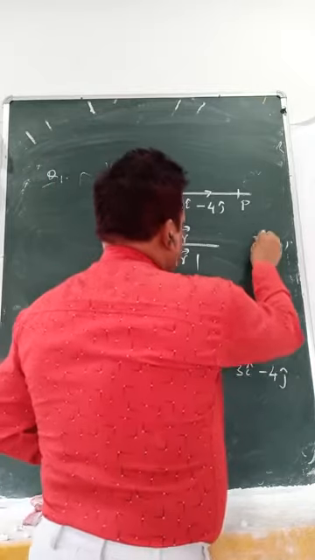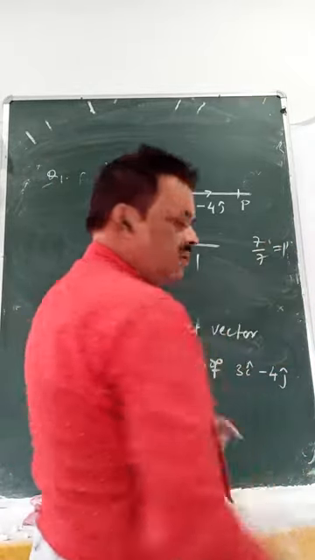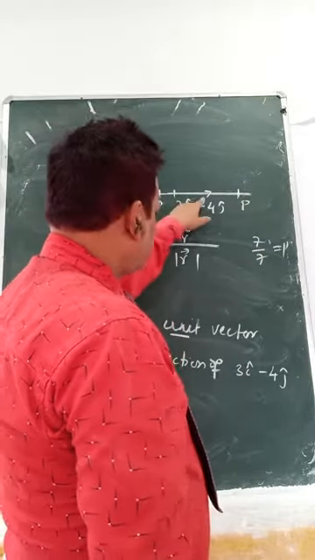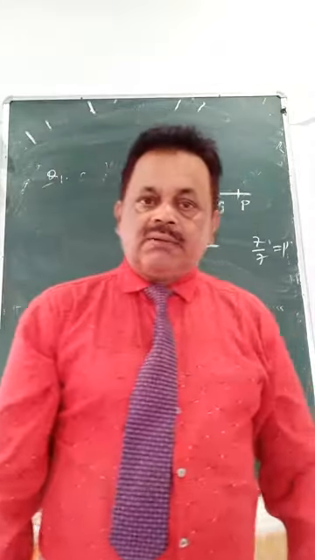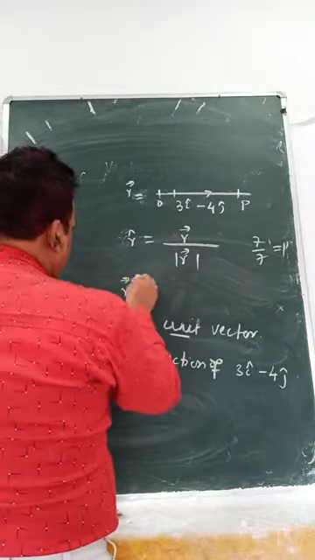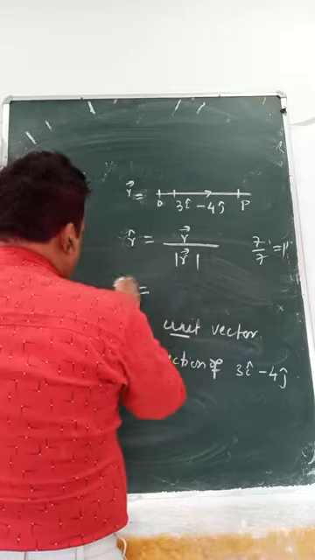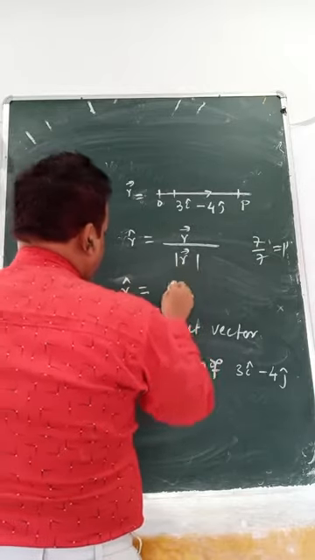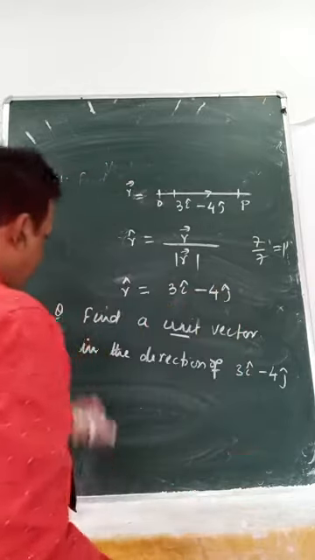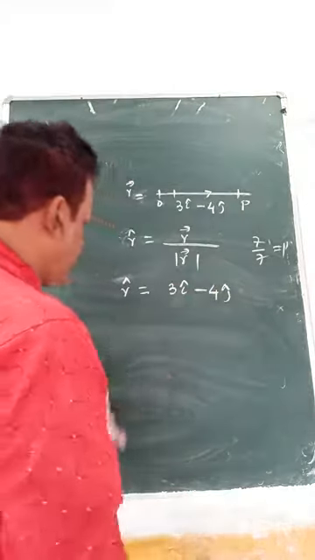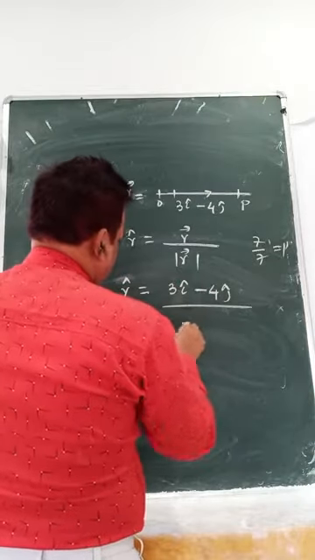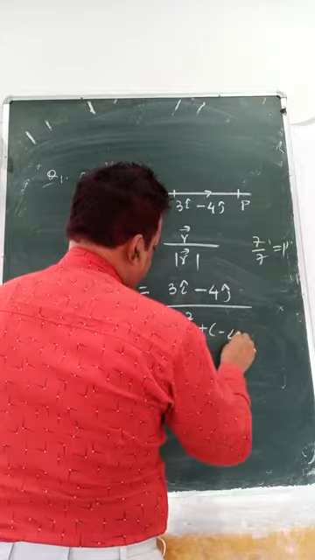Suppose 7 by 7. Is a unit or not? 1. And because a unit vector, so I have taken a vector here. So vector by its magnitude. That means you are getting R cap equals R vector, means 3i minus 4j, divided by root of 3 square plus minus 4 square.